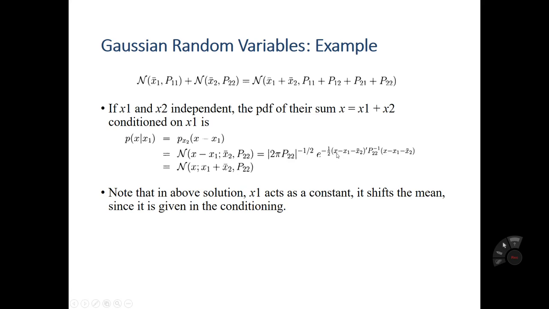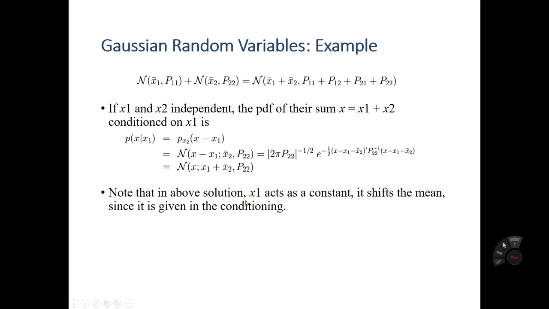Because our argument is a function of the difference x minus x1, here we put x minus x1 minus the x2 mean, and this is the same, this is the transpose, and this equals a normal of x1 plus x2 and P22.